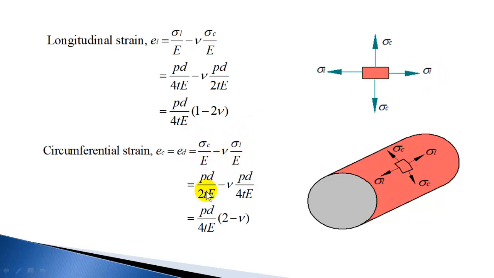So sigma C is PD by 2T, sigma L is PD by 4T. So PD by 2T minus nu PD by 4T, or if you take PD by 4T outside, PD by 4T into 2 minus nu.